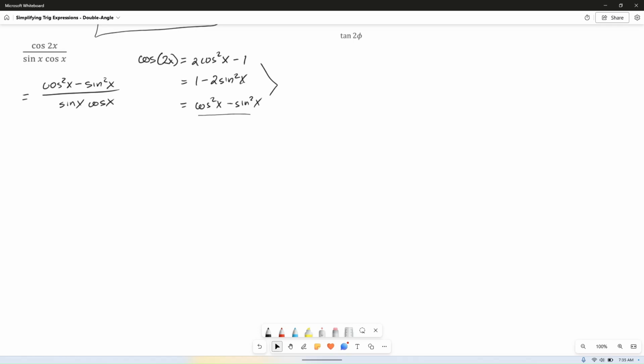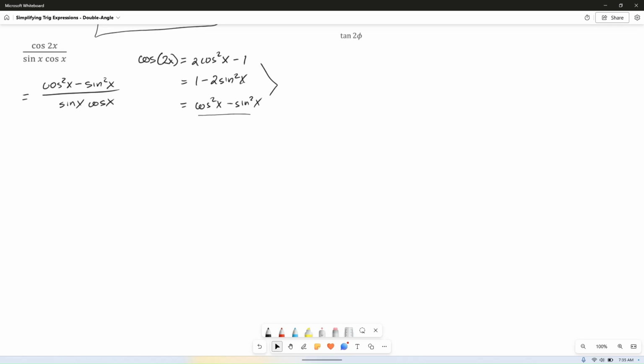As I look at that, I can't cancel anything right now because in the numerator I have a subtraction, so I can't reduce anything there. So is there anything that we can do? We could factor.